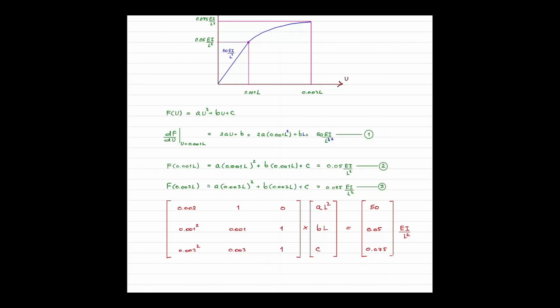For the time being, I just set this matrix up in my Excel scratch pad: 0.002, 1, I may not hook it up for you. You can just do it yourself. 0.001 square, 0.001 and 1, 0.003 and 0.003 square, and then on the right hand side we get 50, 0.05 and 0.075.